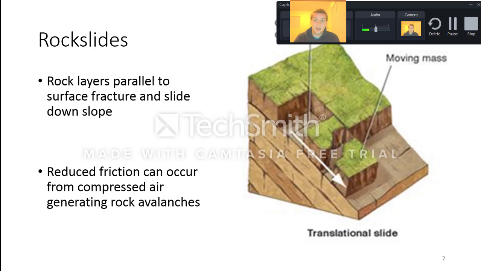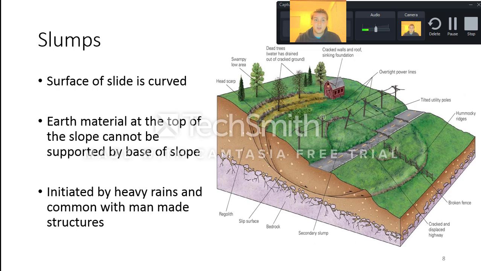Now, in addition to slides, there are slumps. And slumps, on the other hand, arise when the surface upon which the earth material is moving is curved. Now, it can be very detrimental to the areas afflicted because these slumps typically occur in man-made areas.